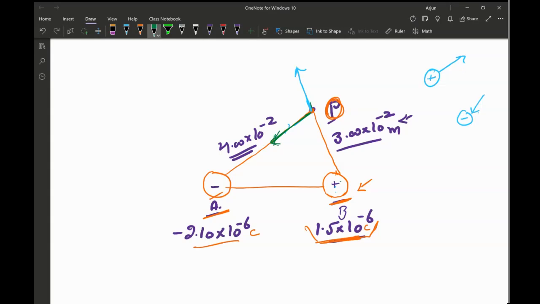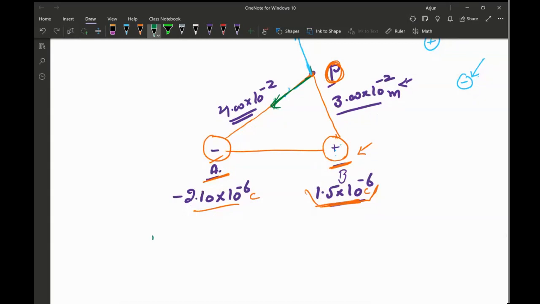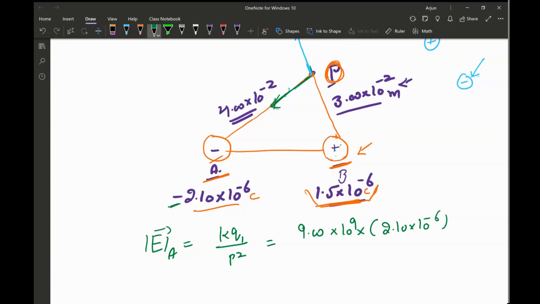Now we want to find the magnitude of these two. So the value of EA will be equal to KQ1 divided by R squared. The K value is 9.00 times 10 raised to the power 9 multiplied by 2.10 times 10 raised to the power negative 6. Notice I haven't taken the negative sign.